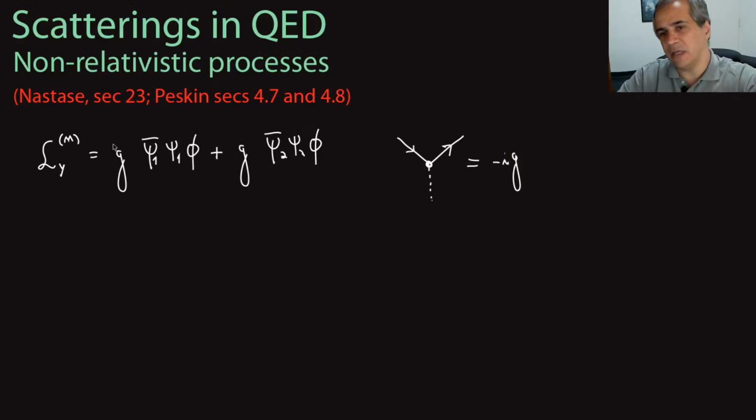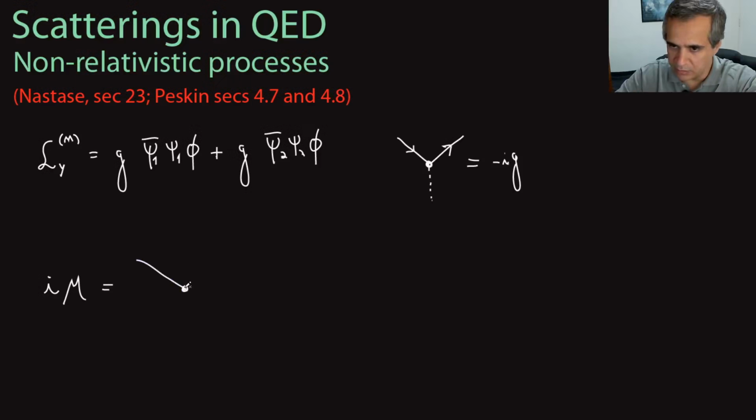So now the process I have in mind is one fermion scattering another fermion by the exchange of this scalar, right? In the case where these fermions are indistinguishable, right? Suppose they are the same fermion.